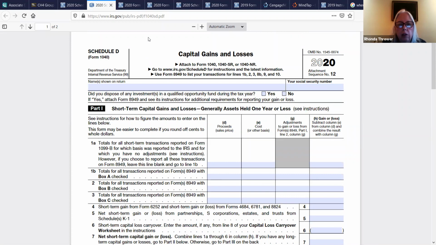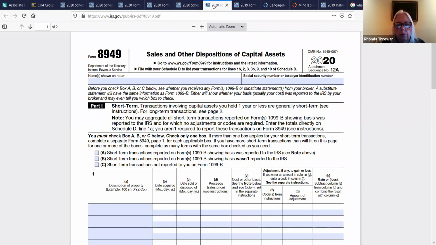So let me go back to Form 8949. Let me see if I can find that. And here's our Form 8949. Again, you'd fill in the name of the person and Social Security. For time purposes, I'm not going to do that.